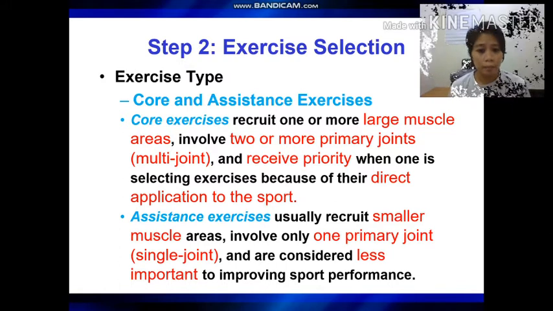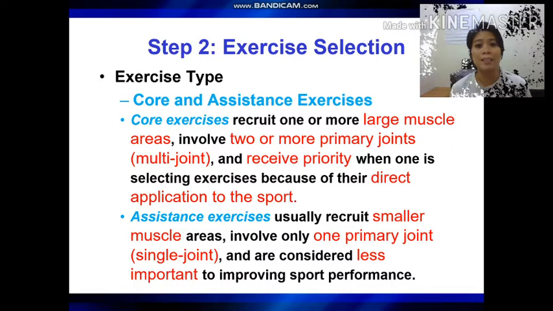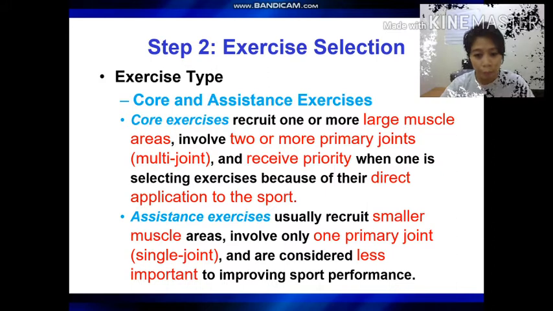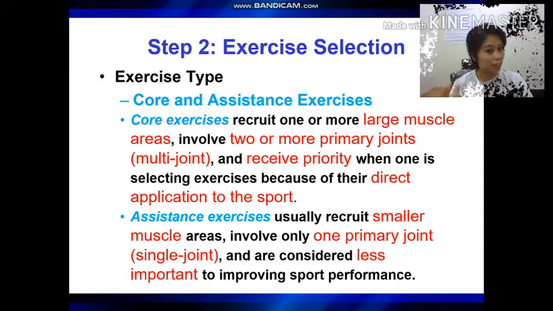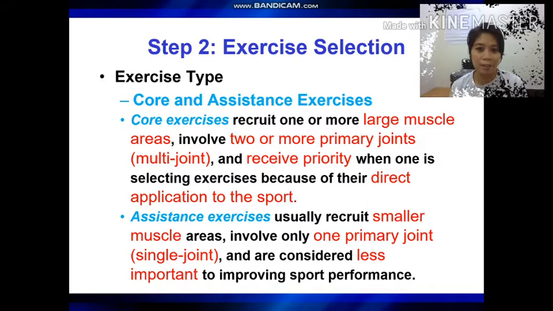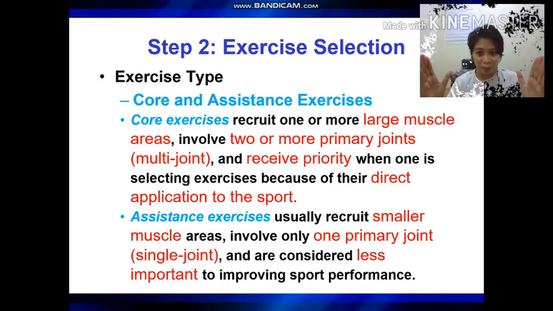And the second one will be assistant exercises. They usually recruit a smaller muscle group, a single joint, and are considered less important. Not unimportant, just less important.